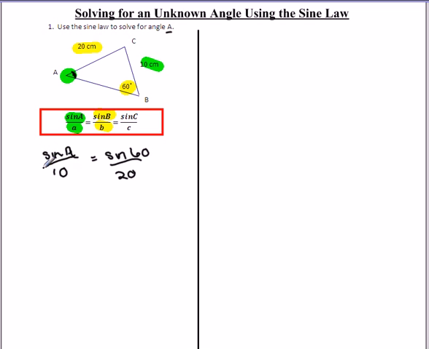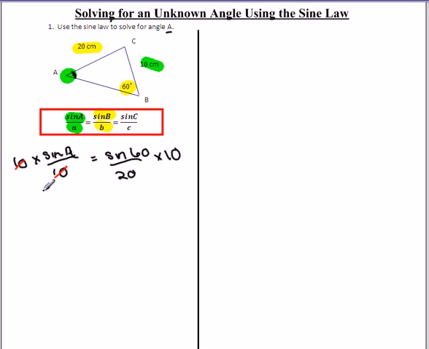So what we'll have to do is multiply both sides by 10, because what you do to one side, you have to do to the other side. So when we multiply the left-hand side by 10, and we divide it by 10, these things simply cancel out to be 1. So we can cancel them out.